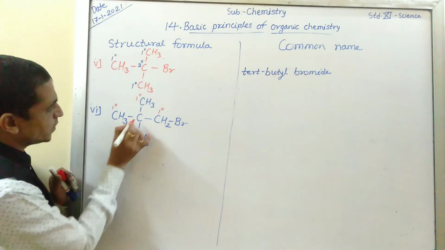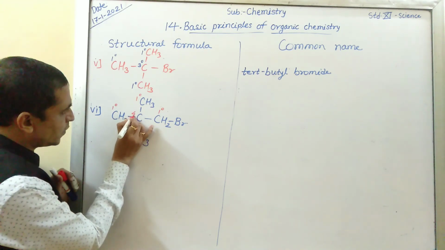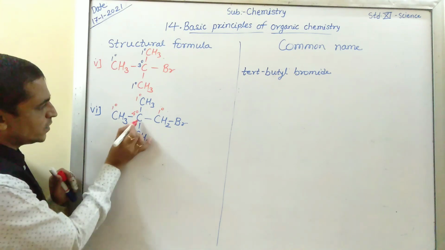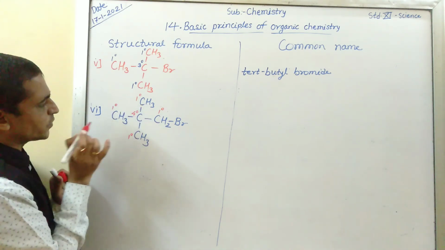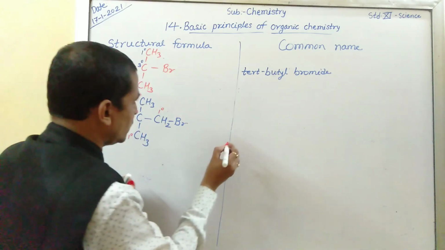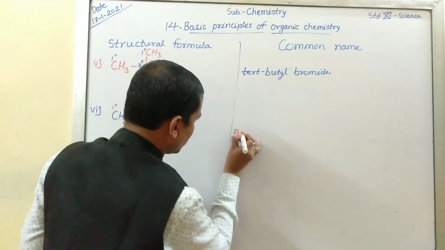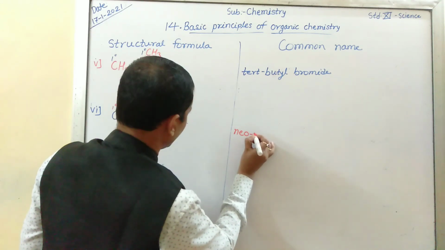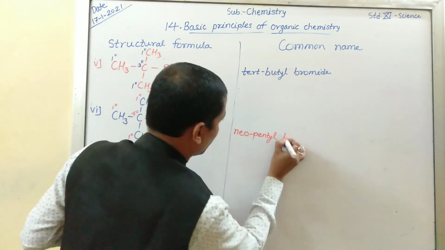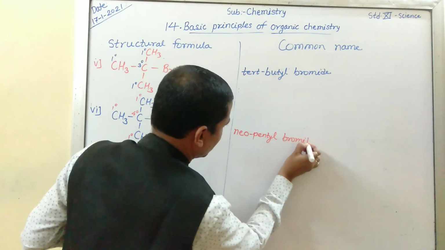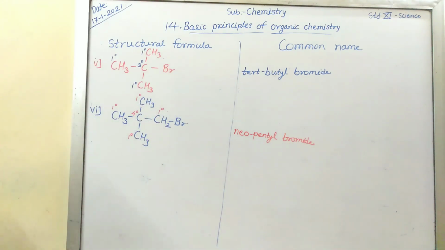But this carbon atom is quaternary, because it is attached to 1, 2, 3, 4 carbon atoms. So it is quaternary, and for quaternary we use the word neo, and here you get neopentyl bromide. This is about the common name.